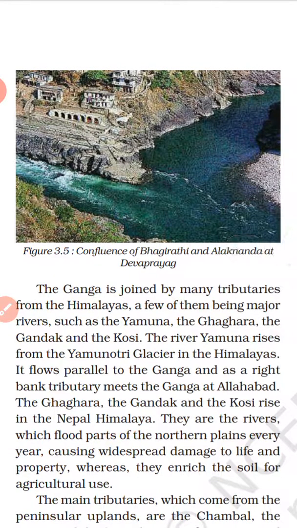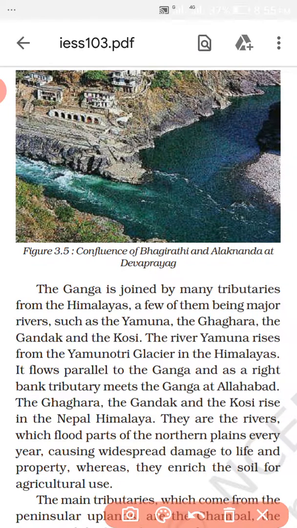The Ganga is joined by many tributaries, and which tributaries are they? They are the rivers Yamuna, Ghaggar, Gandak and Kosi. The river Yamuna is an important river which starts from the glacier of the Himalayas, at the place known as Yamunotri.